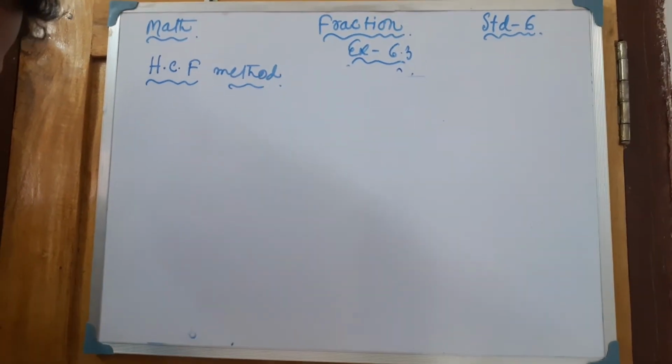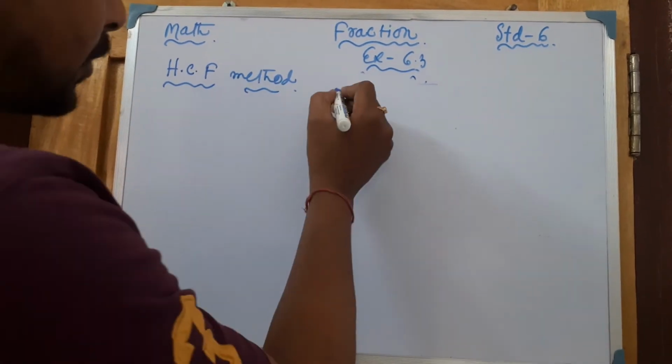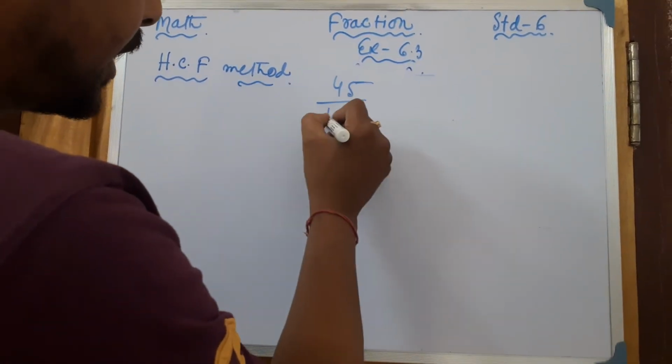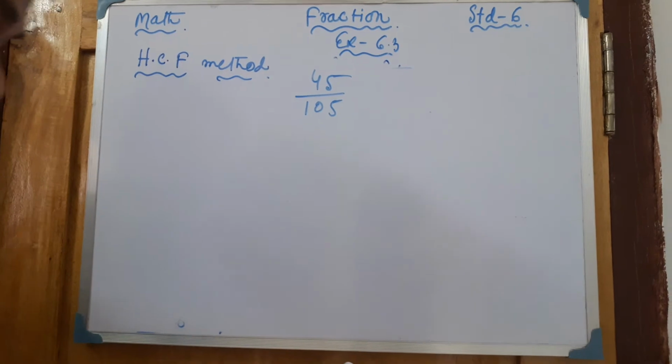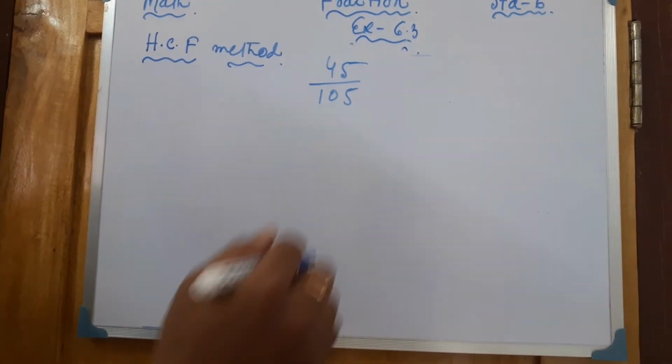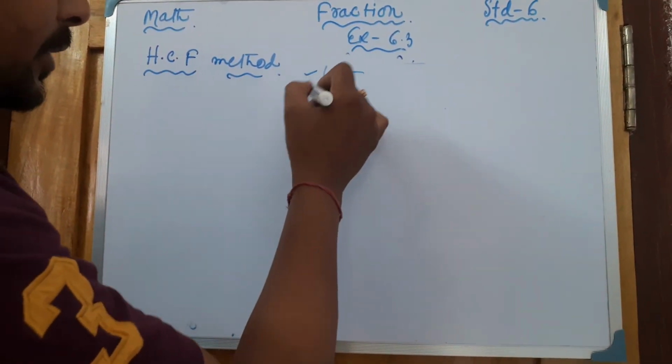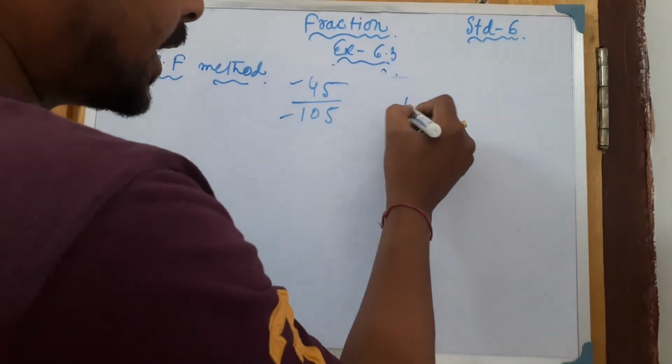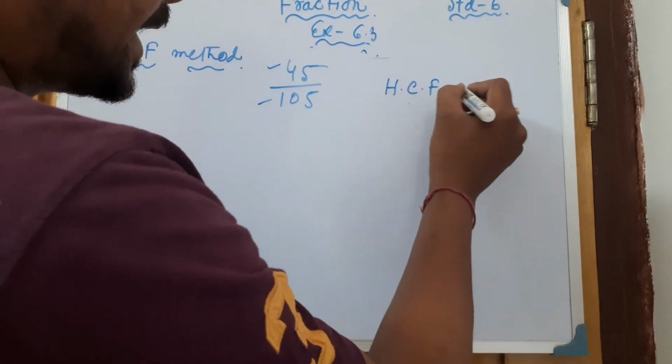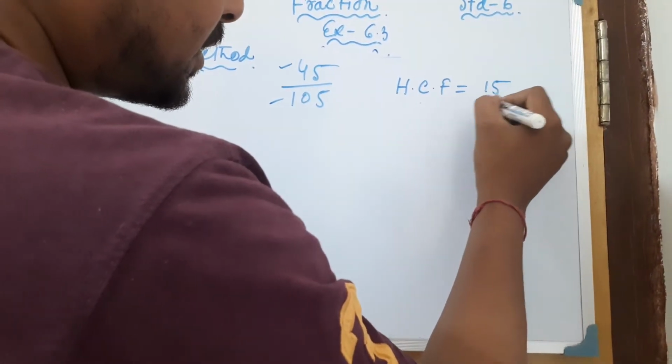Suppose you want to reduce a fraction, say 45 divided by this. First, just find out the HCF of these two numbers. If you find the HCF of these two numbers, then it can be just 15.